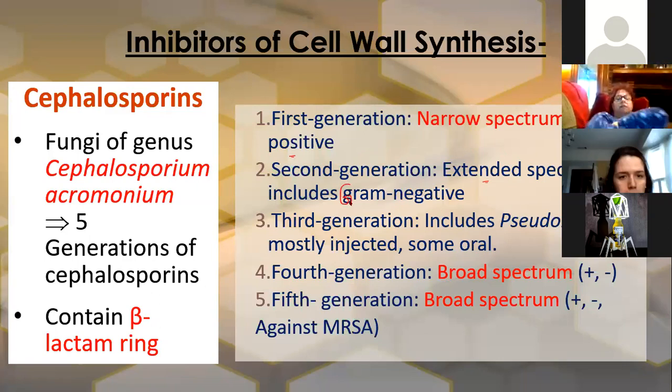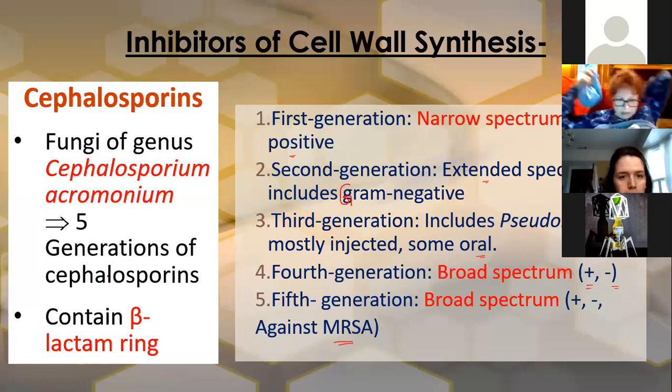Third generation includes Pseudomonas, again extended spectrum, mostly injected, a few oral. Then fourth generation, we made it completely broad spectrum, so we included all organisms, both gram-positive and gram-negative. Fifth generation, again extended spectrum, and we specifically made it for MRSA.